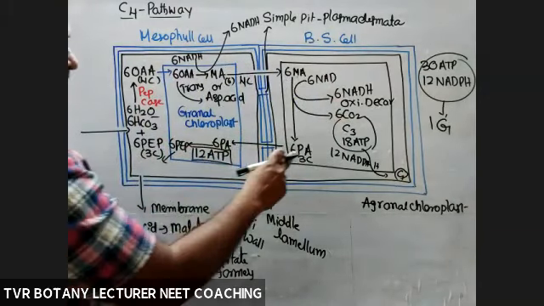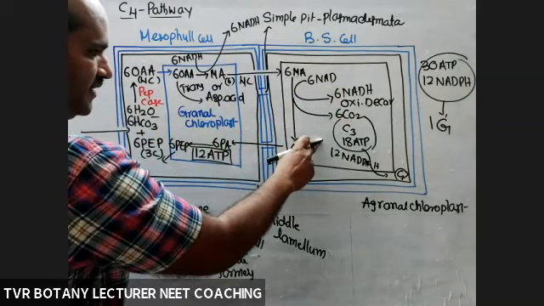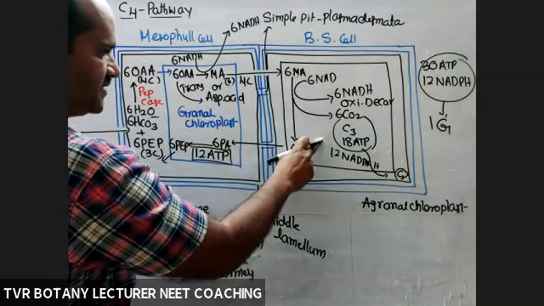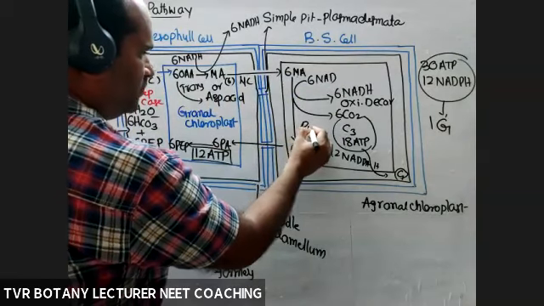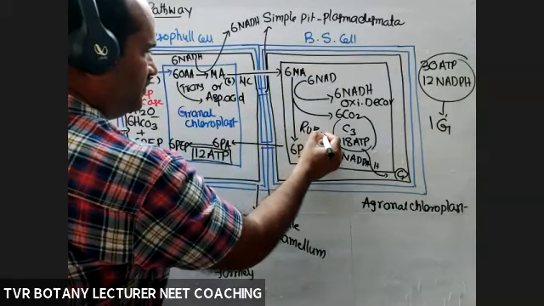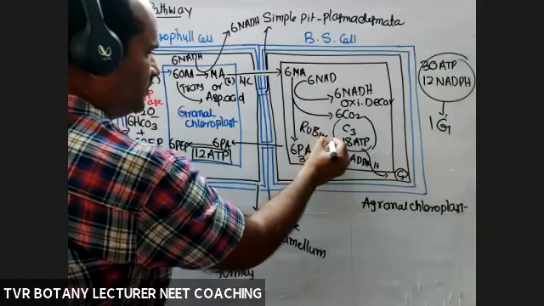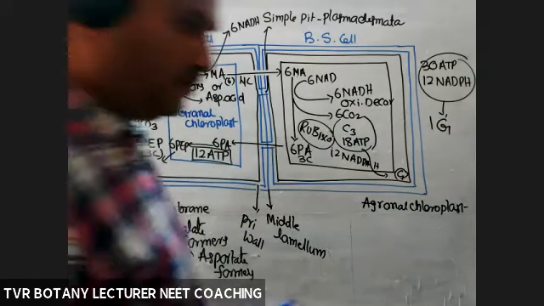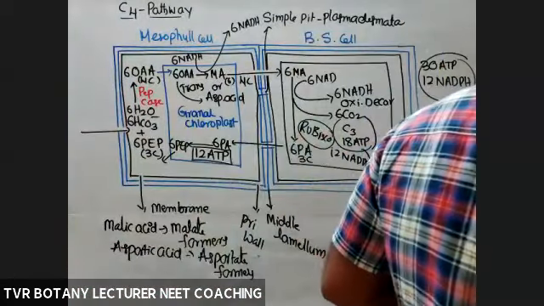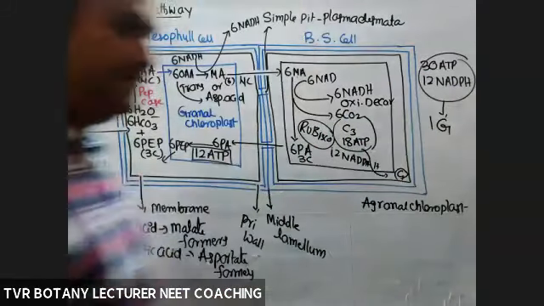To maintain CO2 concentration in the area or site where Rubisco is present. So Rubisco is restricted to this cell only. Rubisco is here. So what is the problem of Rubisco? Dual role, either carboxylation or oxidation.